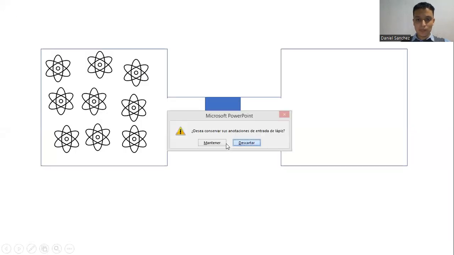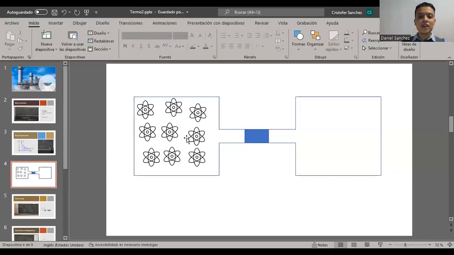So imagine that you have a certain substance on this side of the system. You are going to notice that here on this side we have the molecules of the system. But what happens if you decide to remove this obstacle in the system? So you decide to delay this.